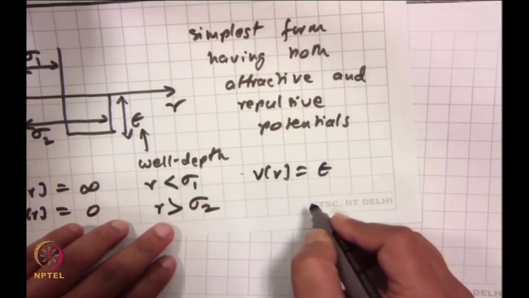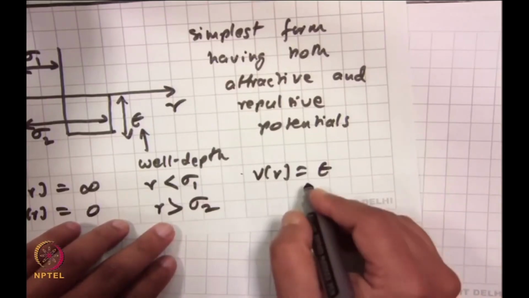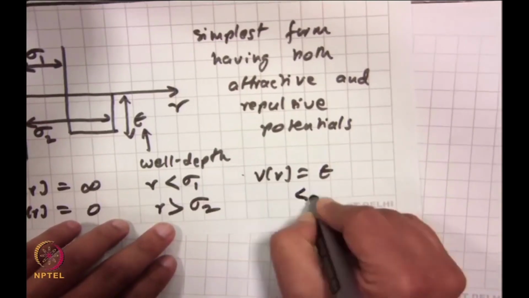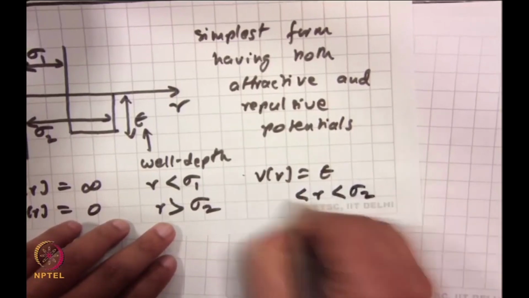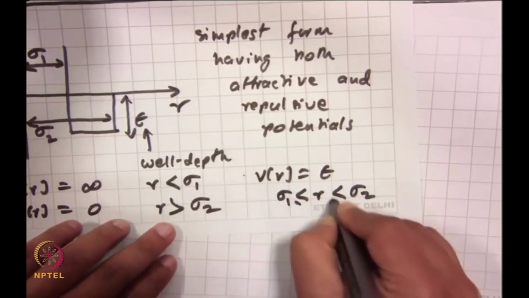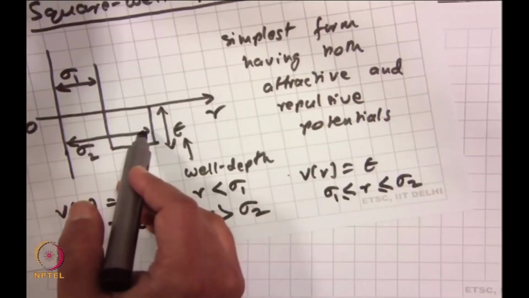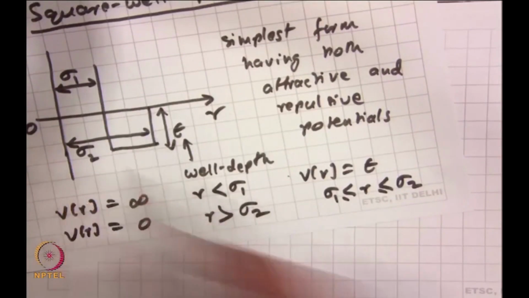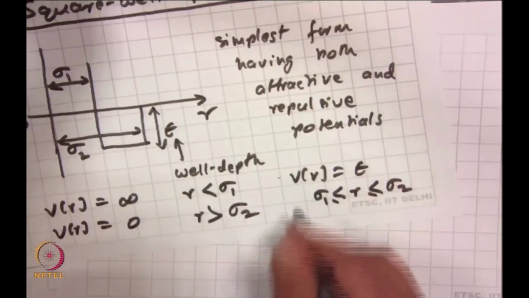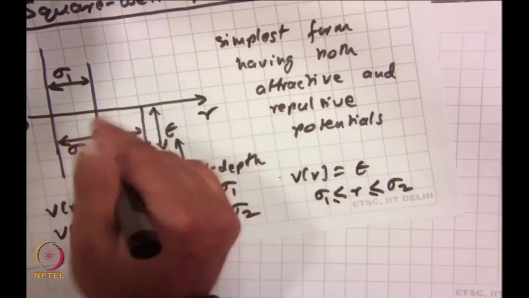my well depth epsilon, which is my attractive potential energy, if r is between sigma 1 and sigma 2. So only within sigma 1 and sigma 2 do I have, well, it is essentially sigma 2 minus sigma 1, because it is just this part, right.